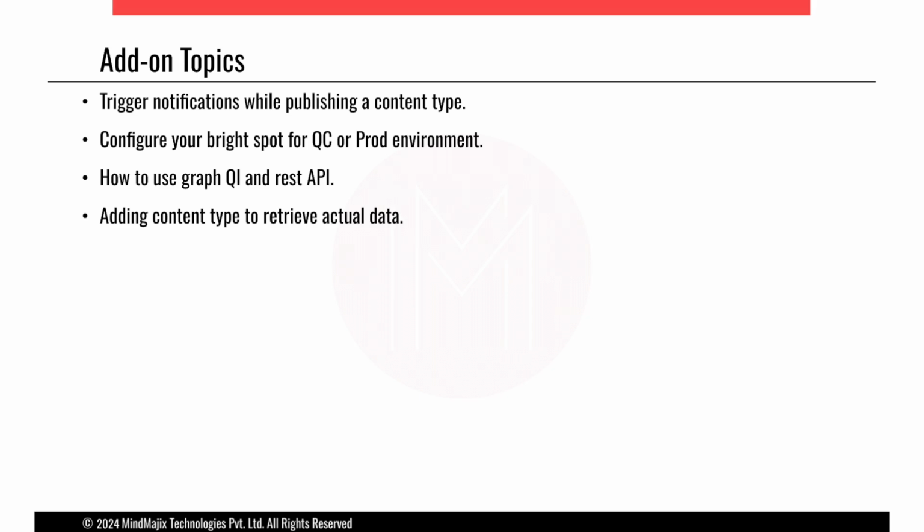There are a lot of content types that I have told you about earlier. We will be learning how to add these content types on Brightspot. We will see this live on the playground, and see how we can actually retrieve the data. Before retrieving the data, if you have created a content type, you have to add this content type to your actual headless CMS server.